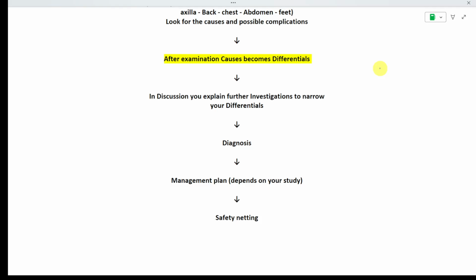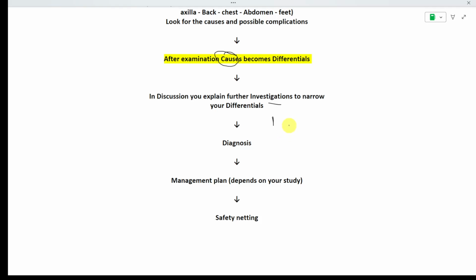So in all of these cases, the causes that you have will be maneuvered into your differentials. But you do need to know the causes, and once you've put together your differentials, then you need to know the further investigation, management and the safety netting of the patient regarding those differentials.